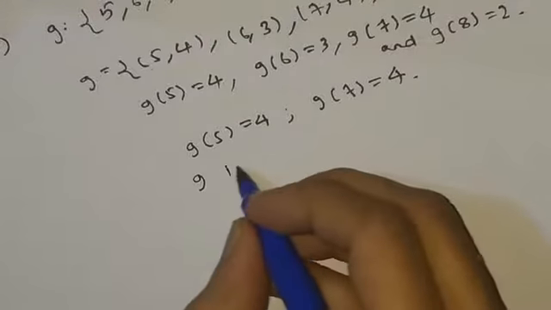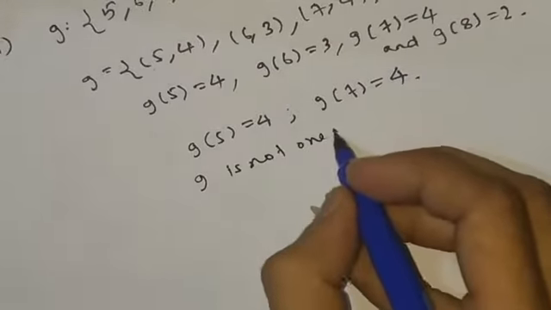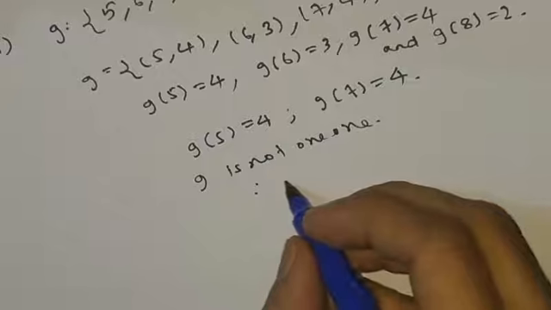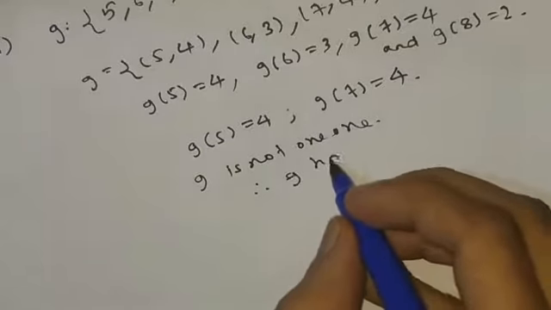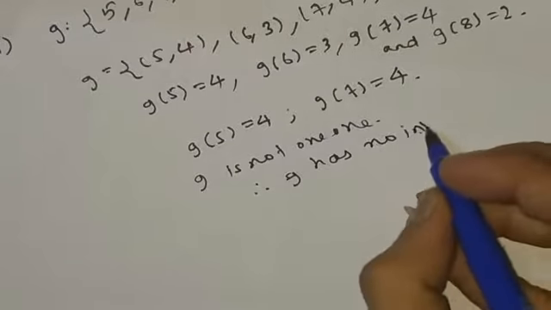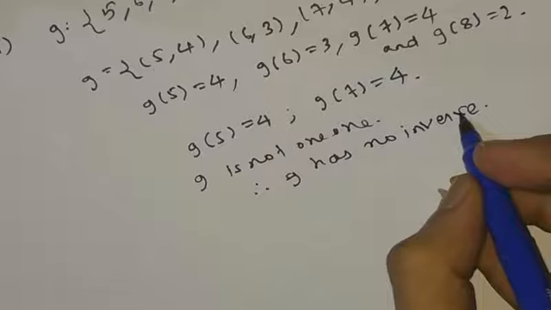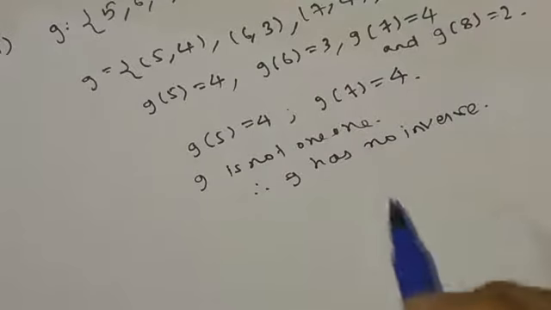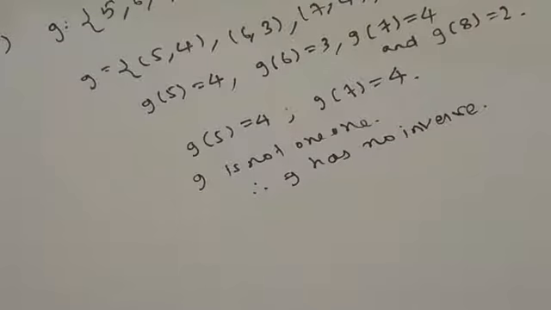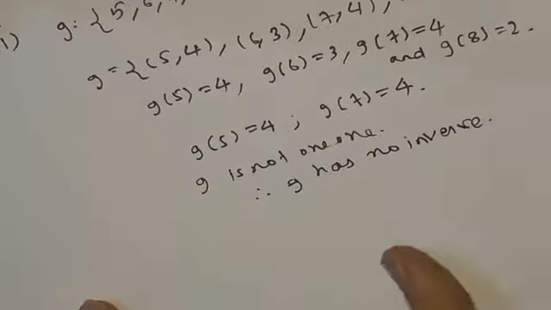So g is not 1-1 here. Therefore g has no inverse, because if g is not 1-1, then g is not invertible. So that was the second part of the fifth problem.